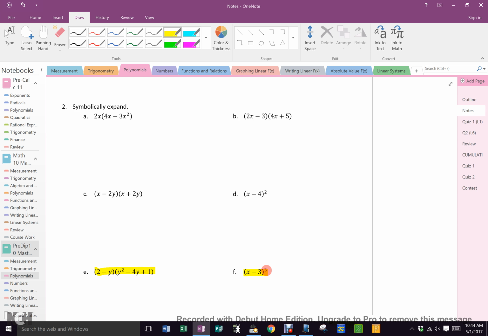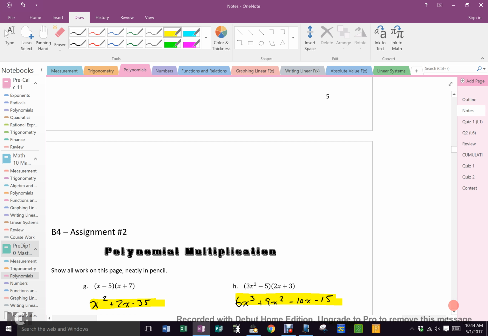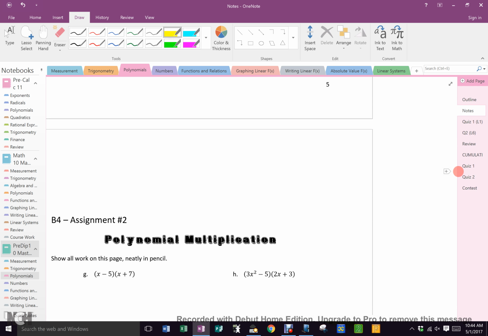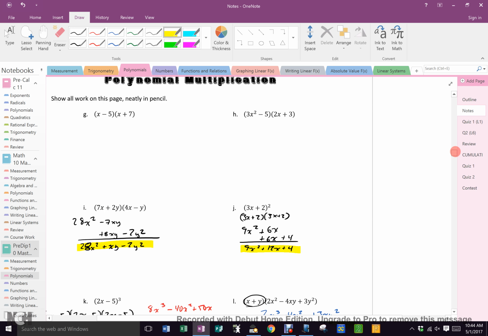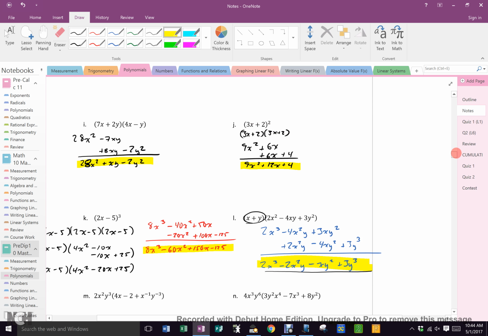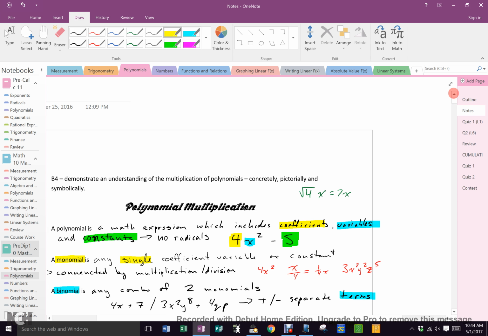No. And you are going to do page 146 as well. You are going to pay special attention to K and L. They will cause you grief. 145 and 146. That is your work for tonight.